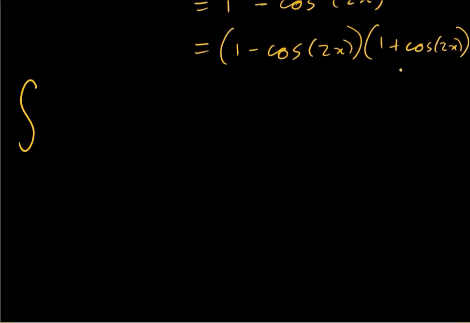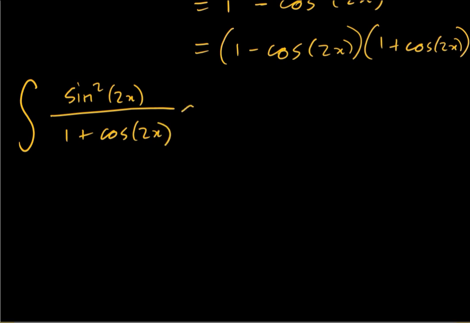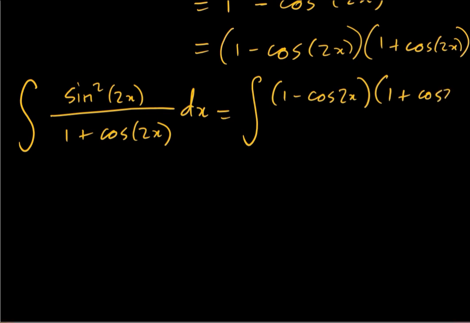So what happens is the integral of sine squared of 2x divided by 1 plus cosine of 2x dx is equal to the integral of 1 minus cosine 2x multiplied by 1 plus cosine 2x, all over 1 plus cosine of 2x, dx.